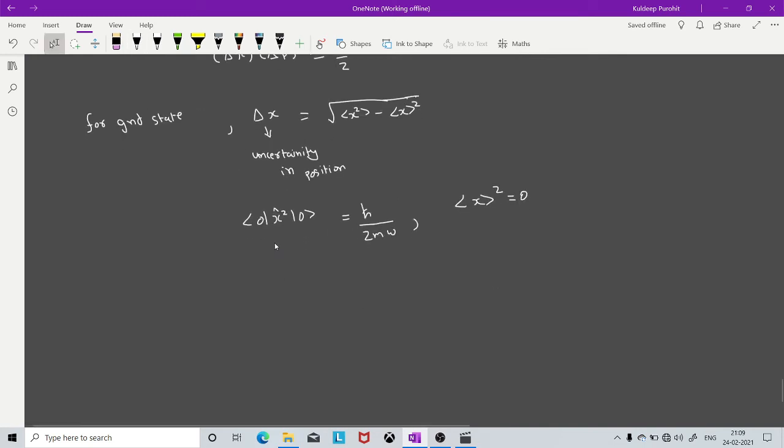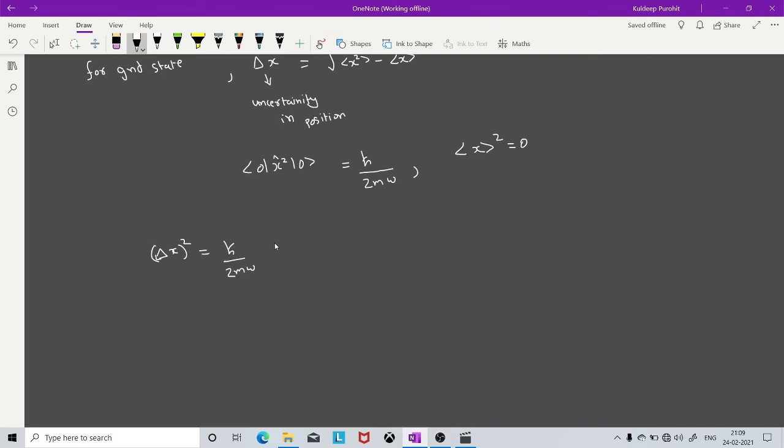So this delta x square is equal to h cross by 2m omega. Similarly, if I find the uncertainty in the momentum, it will be equal to under root of p square minus the square of the expectation value of p.